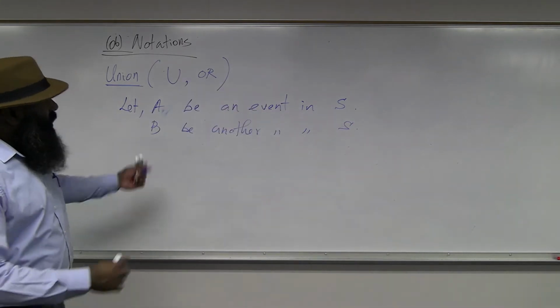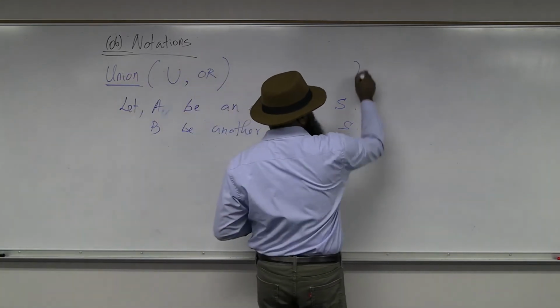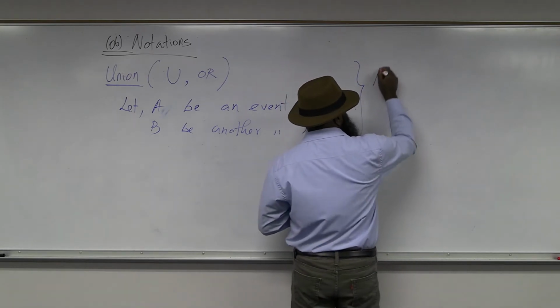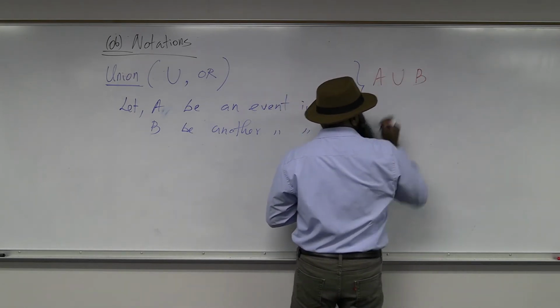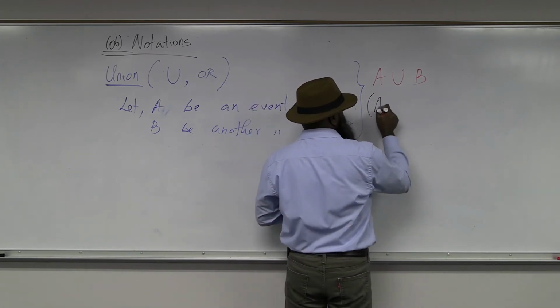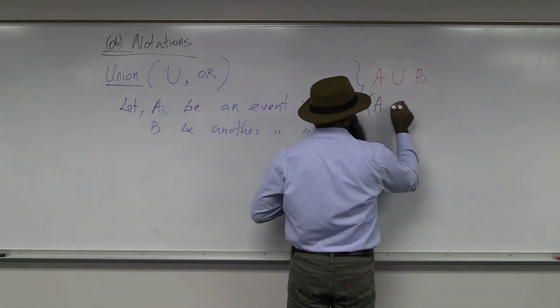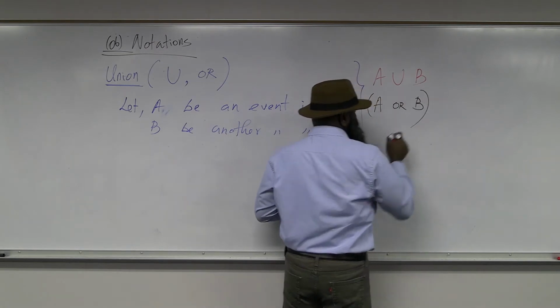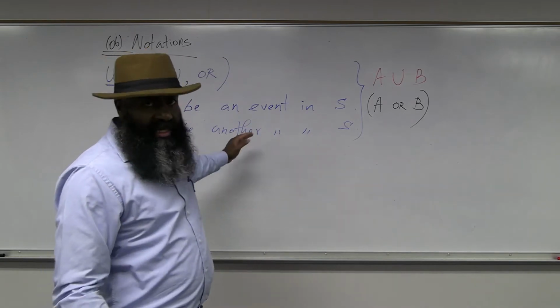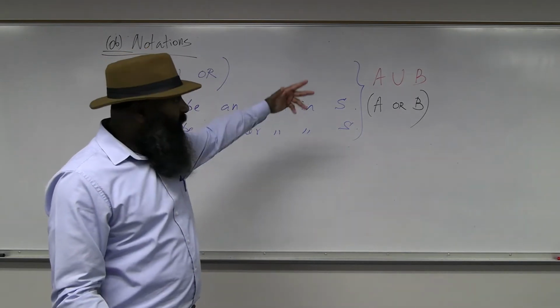Now A union B can be written this way, A U B. This may also be written as A or B. Now this means all the elements found in both sets. That's the union.